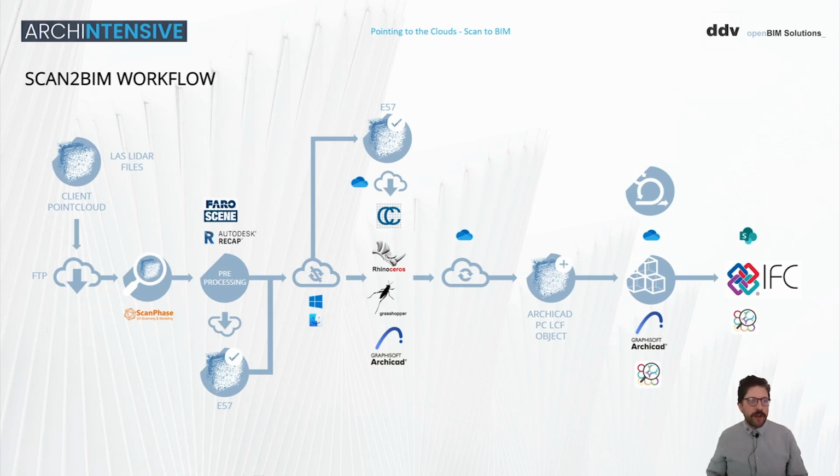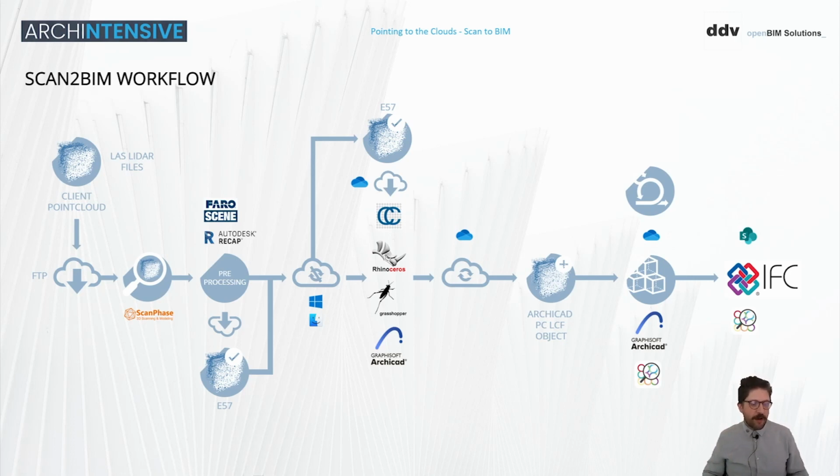Our collaborators here, Scanface, take all those large data sets and start processing them using different tools. I will show you in the next slides. And once it's done, then we, as openBIM consultancy, take all those files, and we process some part.